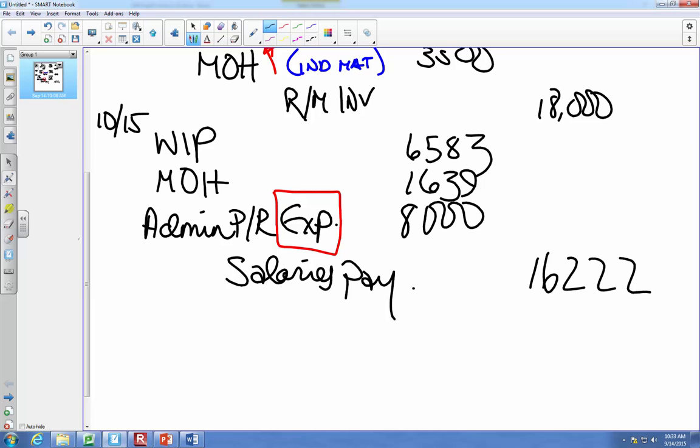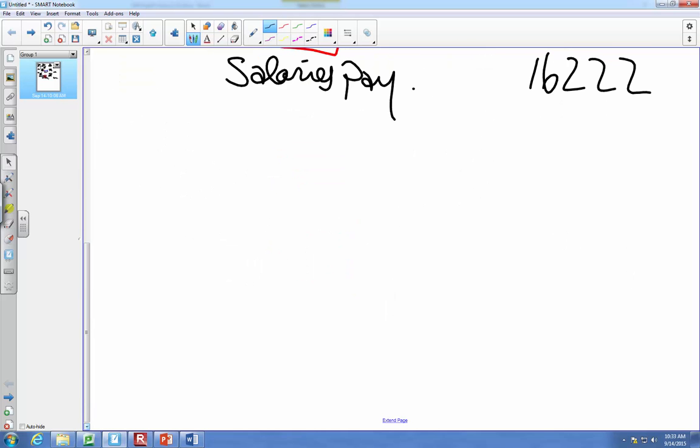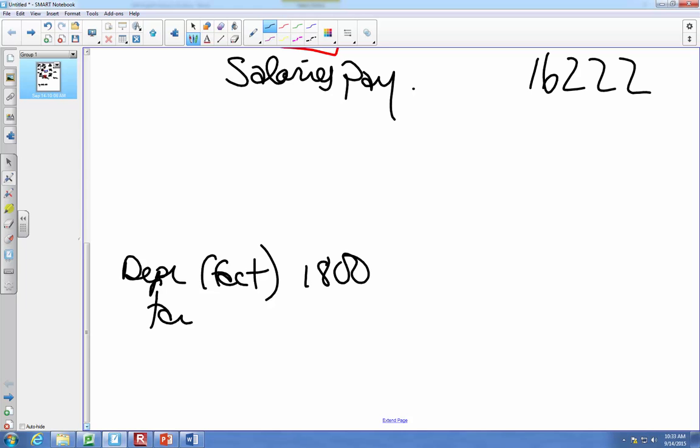During the month, I had the following bills. Costs. Depreciation on my factory equipment was $1,800. Taxes on my factory, $310.